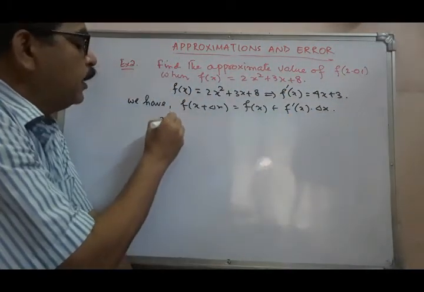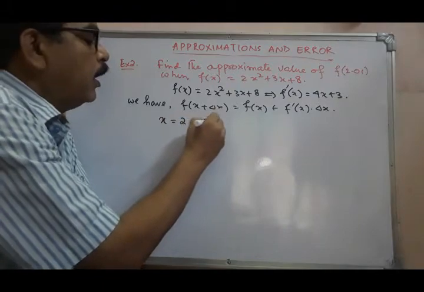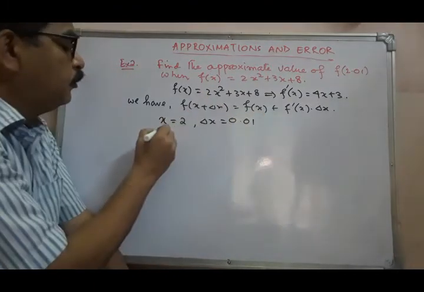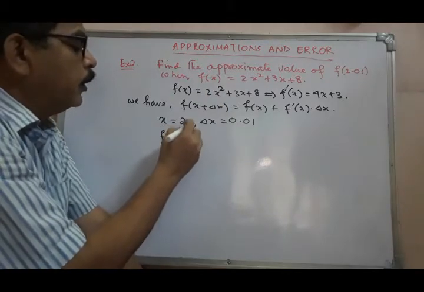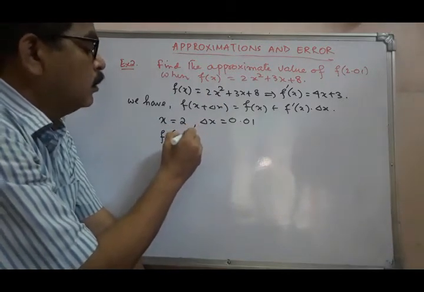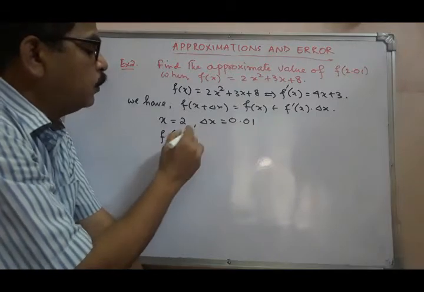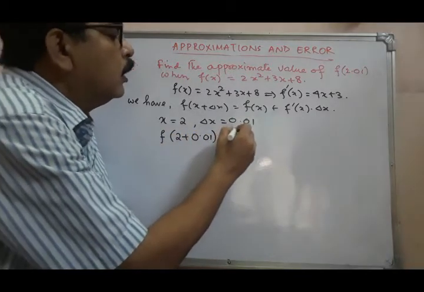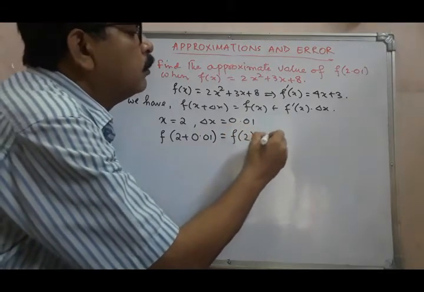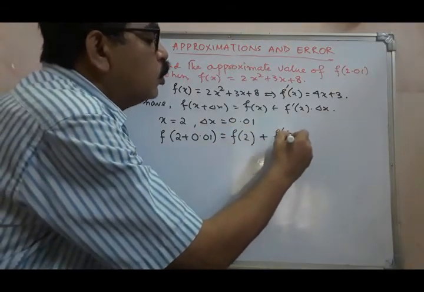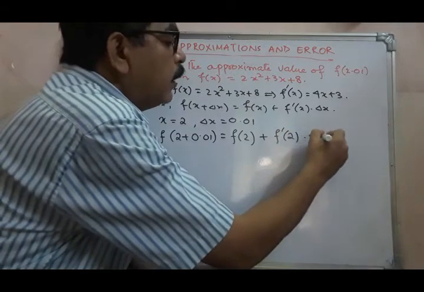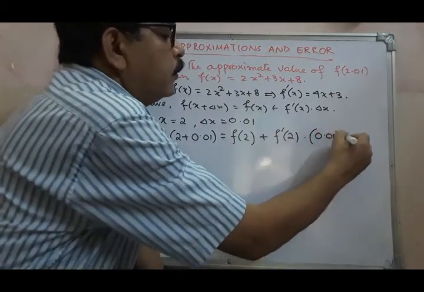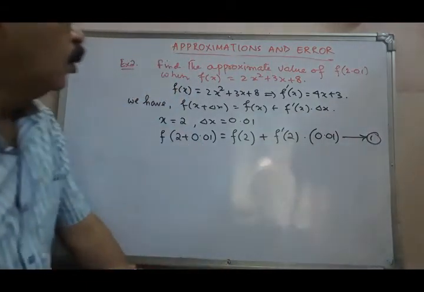So therefore we have to replace x equal to 2 and delta x equal to 0.01. So therefore f of 2.01, that is 2 plus 0.01, equal to f of 2 plus f dash 2 into delta x equal to 0.01. Mark this one as 1.